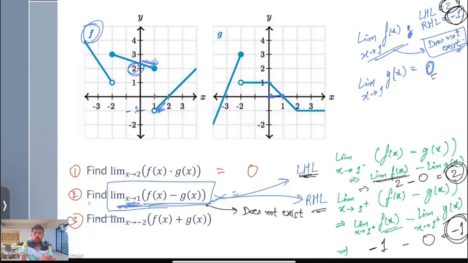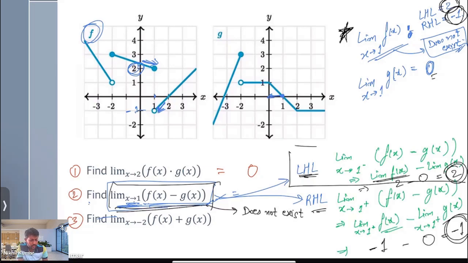Now, I know many of you would say, when we just found out that the limit of f of x was non-existent, why did we not directly say that the limit of this function will also not exist? Why go through all this and then claim that the limit does not exist?